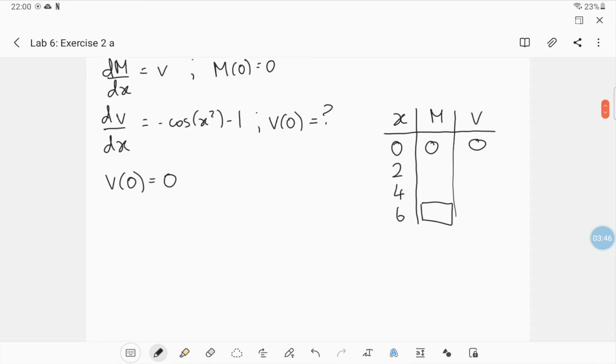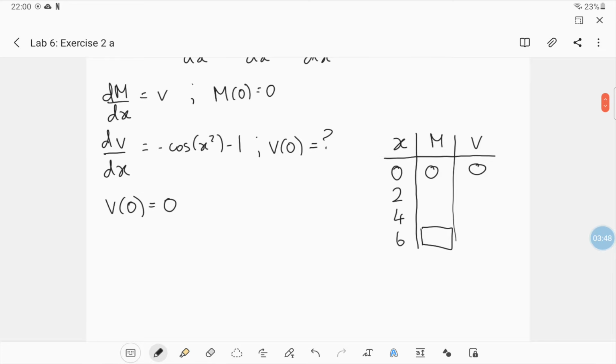Okay, so we'll do it in this order. We'll do next m and then next v. I think you were using this m2 notation, which wouldn't be ideal. In terms of notation, this is called m1, this is called m2, and this is called m3. These are approximations of, for example, m1 is approximating the bending moment at x equal to 2.